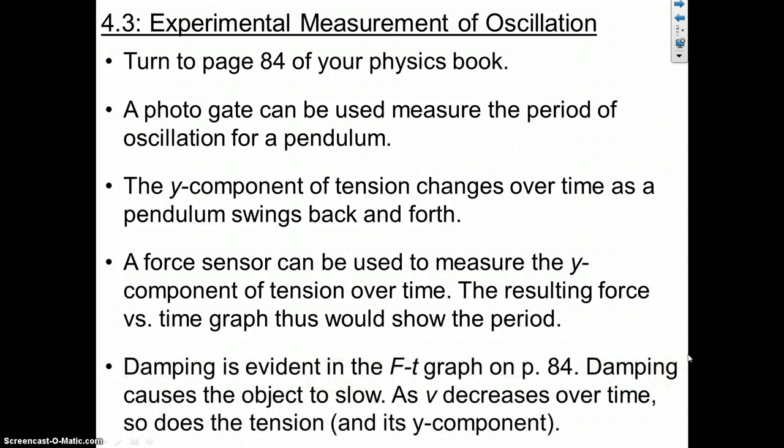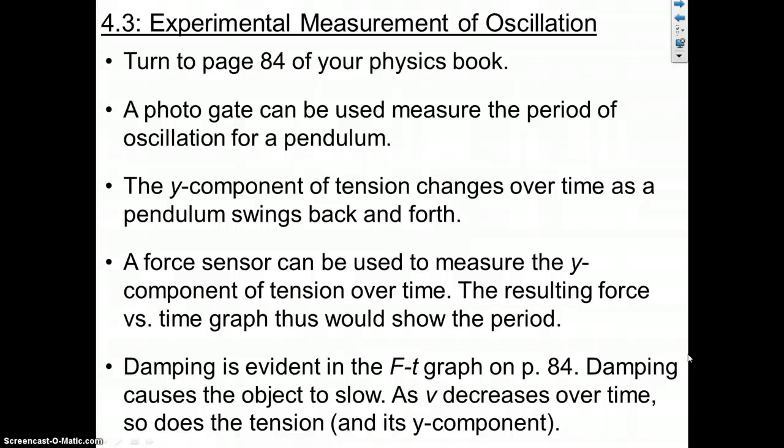And the other cool thing is that damping is evident on the force time graph that you see on page 84. Damping causes the object to slow down, but velocity is related to the centripetal acceleration, and thus it's related to the centripetal force. So because it's related to centripetal force, the velocity affects the tension, because tension is what provides the upward force making this bob move in circular motion.